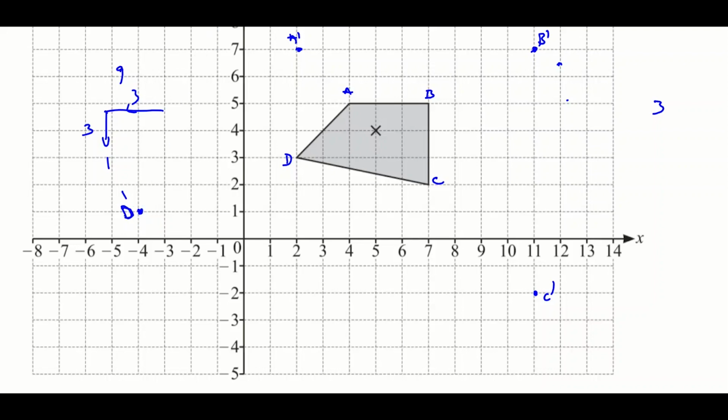Okay, then you can now connect the points together. A prime to B prime. Okay, then B prime to C prime. And okay, you can join D prime to, let's undo that. Okay, so we can join this now, D prime, sorry for that.